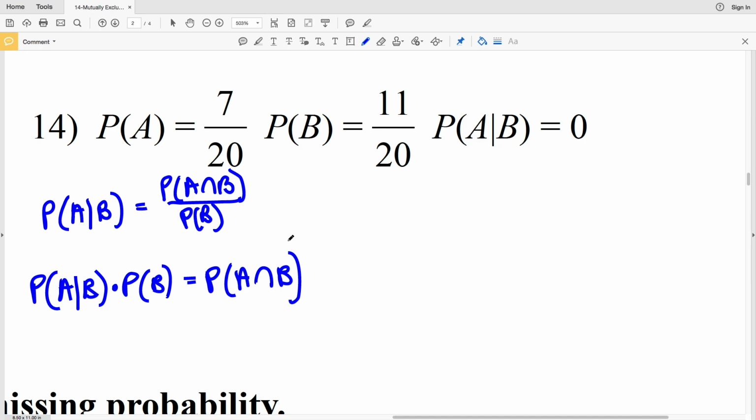And the probability of A given B is 0. And 0 times any number, 11/20 in this case, is equal to 0. So because the intersection of those events is 0, then these events are mutually exclusive.